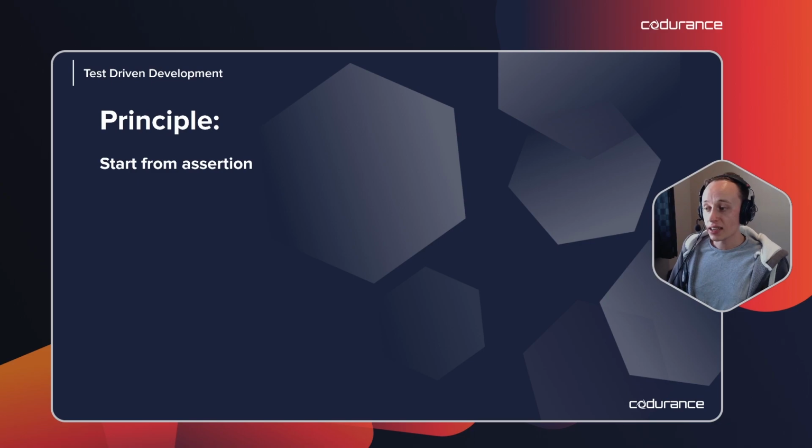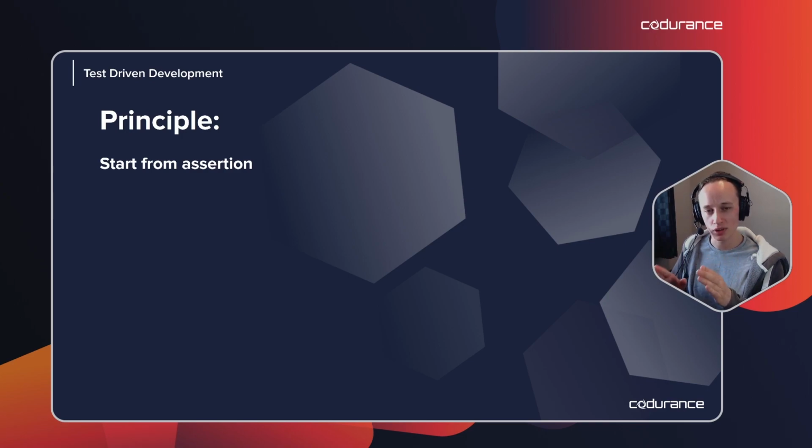Another fun one is starting from the assertion. So this kind of turns your method of writing a test on its head. This isn't necessarily something you have to do to practice TDD or anything like that. It's not one of the rules at all. It's just an interesting guideline I tend to follow, in which, before writing your setup, so your arrange or your act, you write your assertion first and sort of work through the test from the assertion backwards. So you're looking firstly at, okay, what am I expecting?